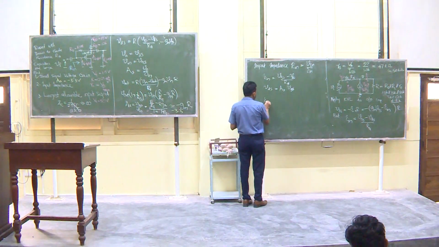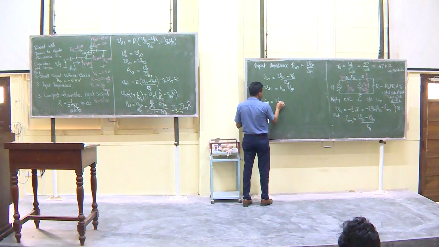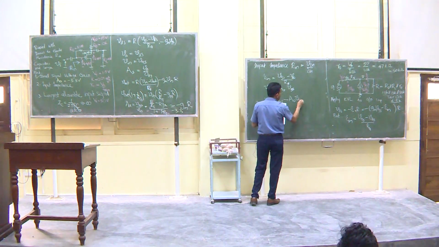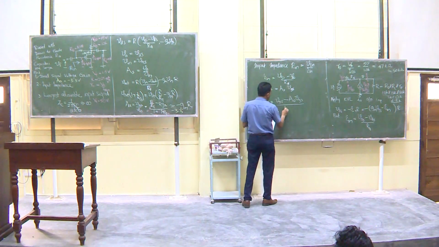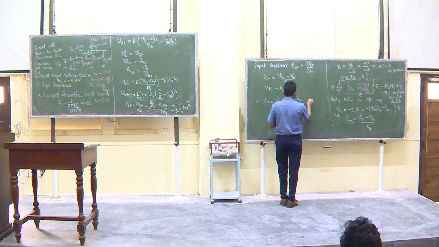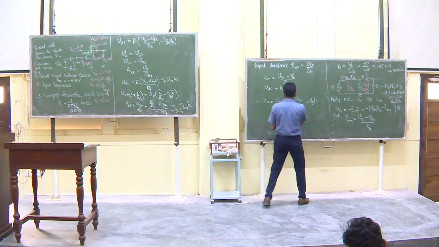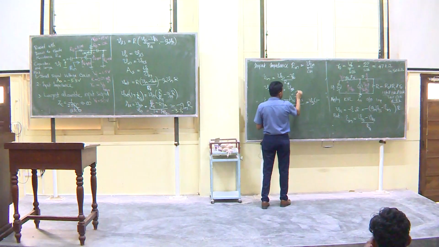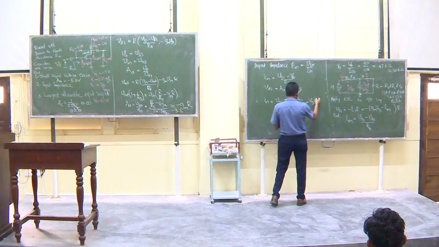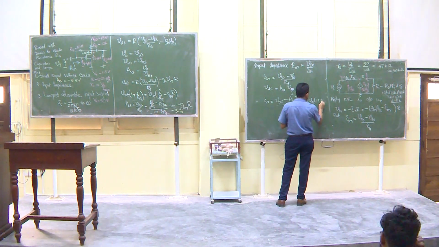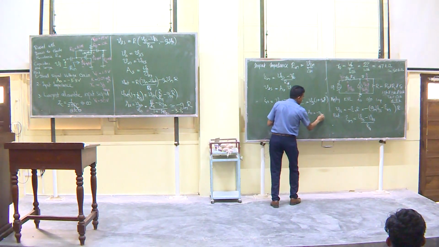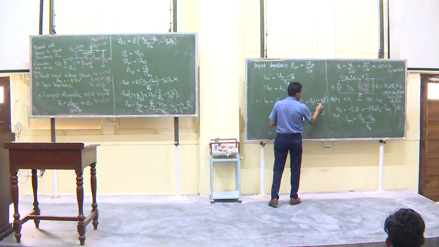So I in is equal to VGS minus VDS, which is basically VGS times 1 minus AV, divided by RG. Since AV is equal to minus GM R, that becomes plus GM R.